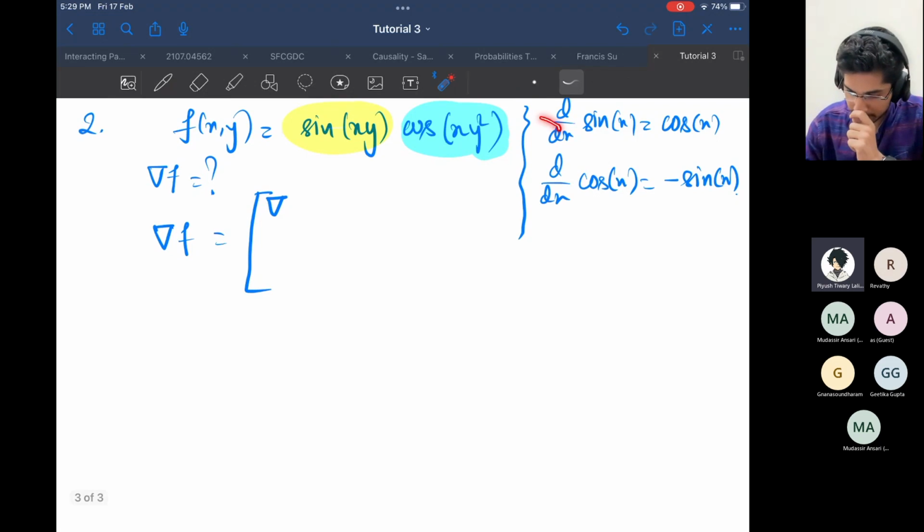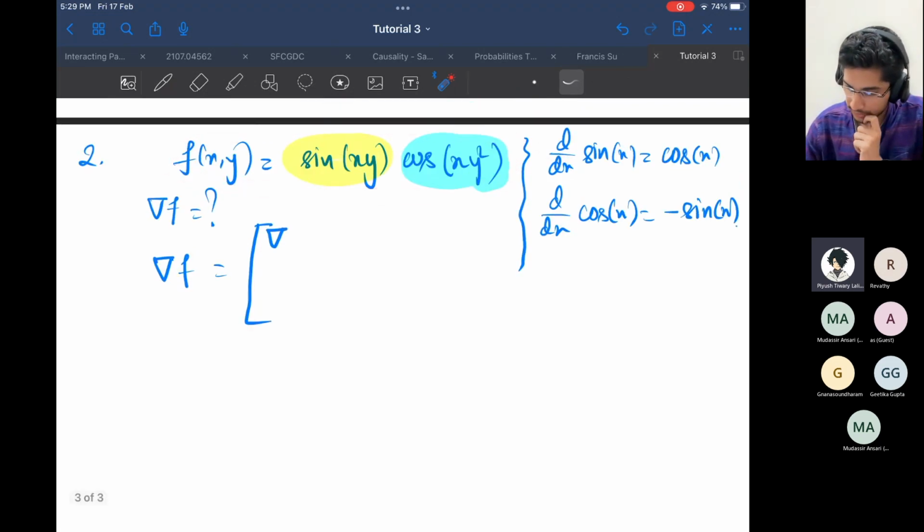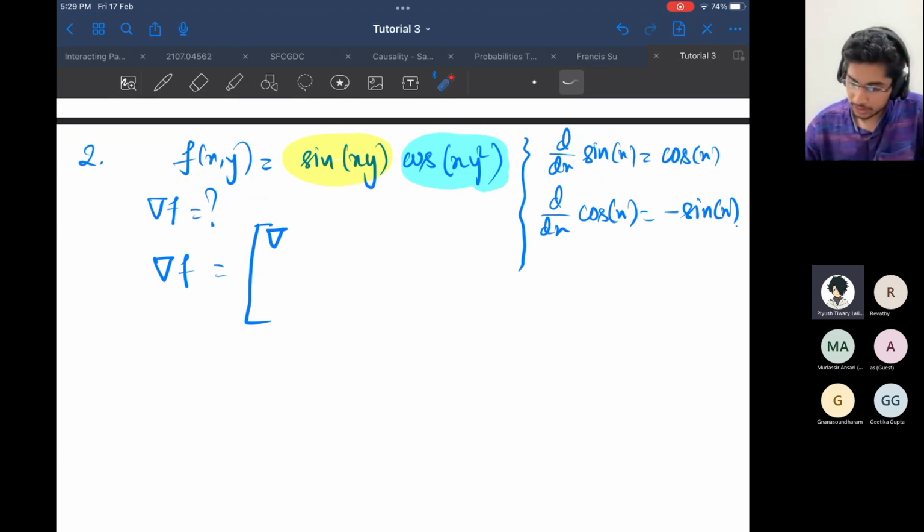Okay, so we were given this function f of x comma y, and we were asked to calculate the gradient of it. First of all, we need to make sure that we know what the gradient of the function is. There are two variables involved, x and y, so you cannot simply differentiate with respect to just x or just y.